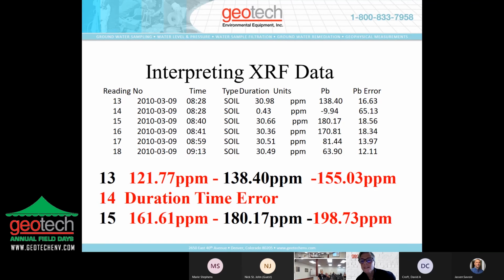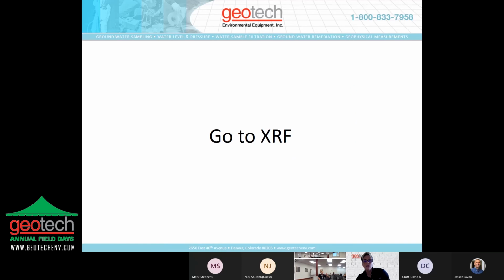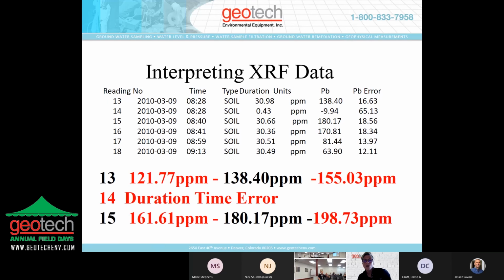I'm going to move on to some hands-on here. But the point with this is it's going to dictate how long you analyze. If your error is half the value of your reading, then you're going to want to take a longer analysis.